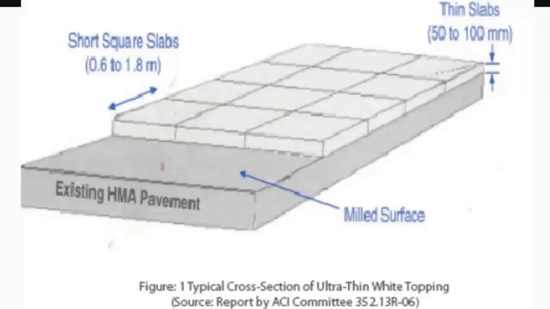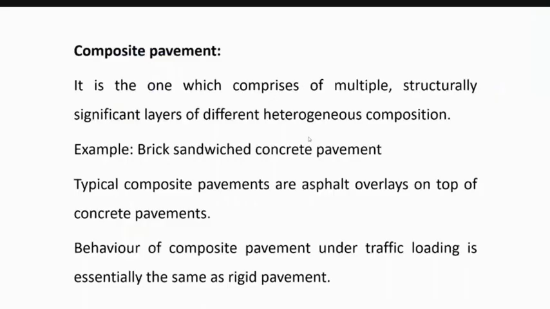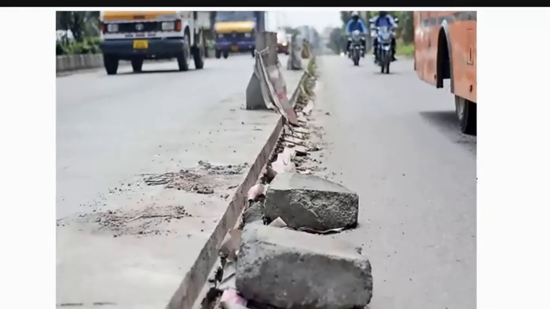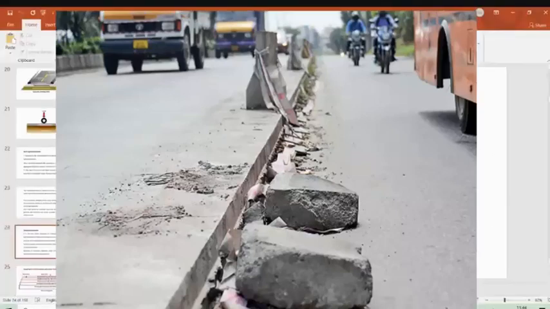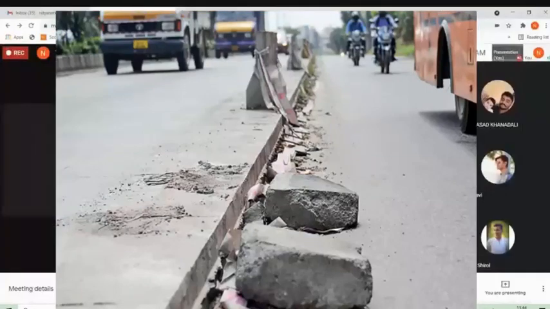On that, a rigid pavement layer of lesser thickness concrete is laid, without excavating the existing flexible pavement. The existing flexible pavement is cleaned and prepared, and on that you go for the rigid pavement. That kind of pavement we are calling composite pavement.